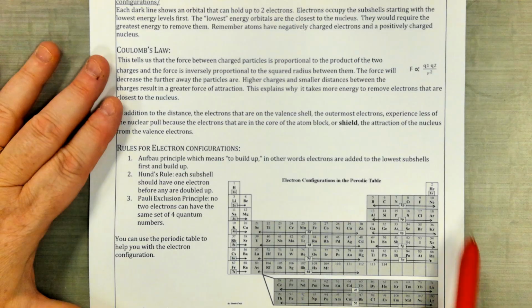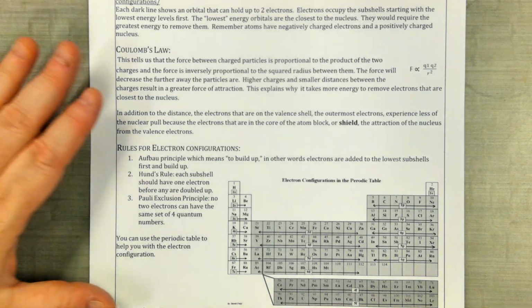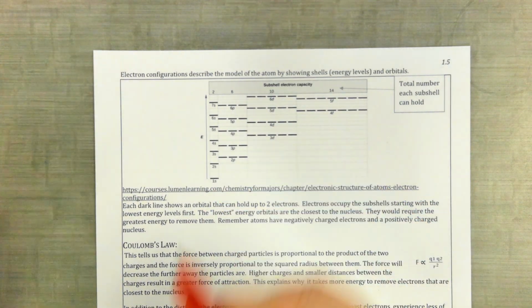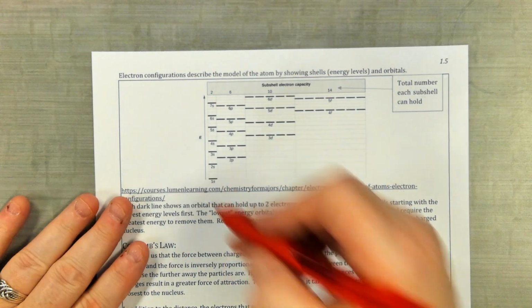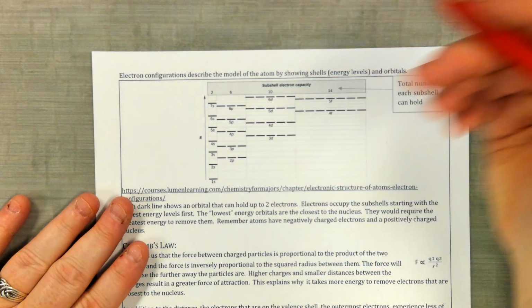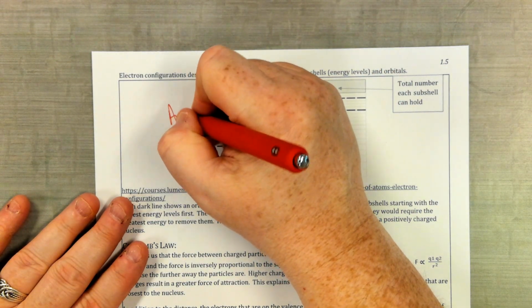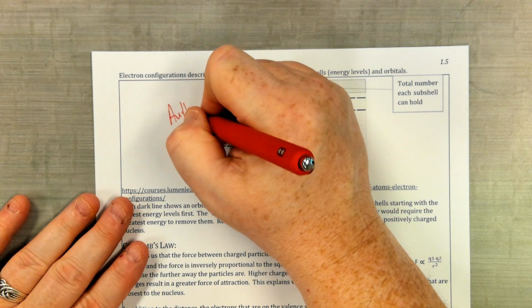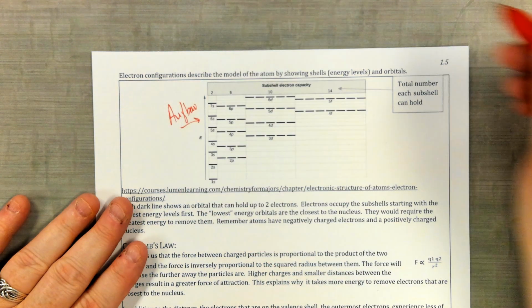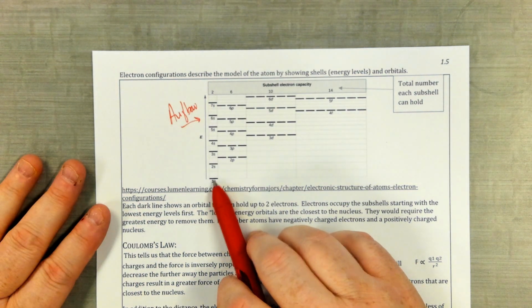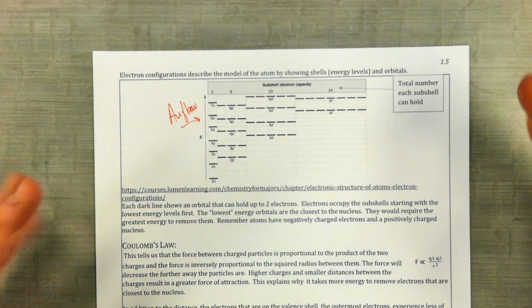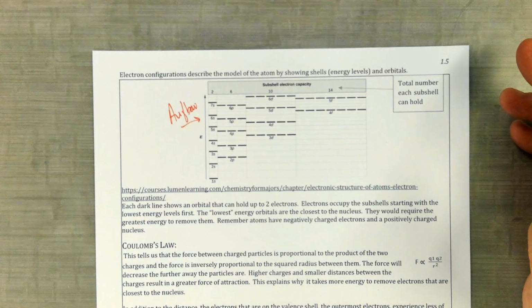So this one's really going to help you figure out electron configuration. So when we're looking at Aufbau, we're actually looking at how do we represent electrons if we're using this. So let me put Aufbau there. Well, each one of these levels, each one of these lines can hold up to 2 electrons.